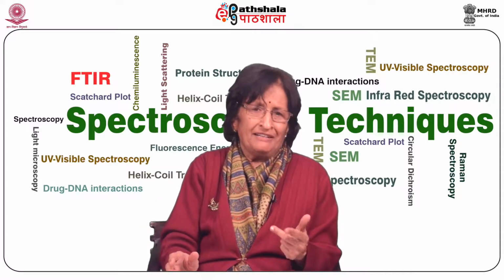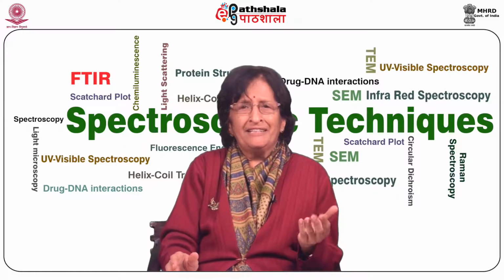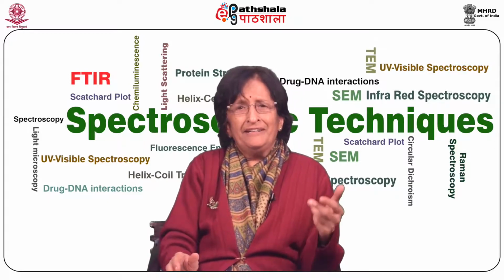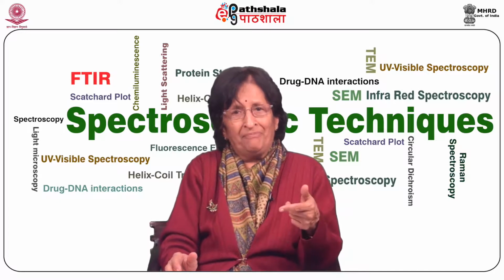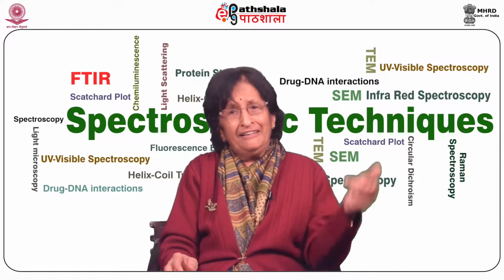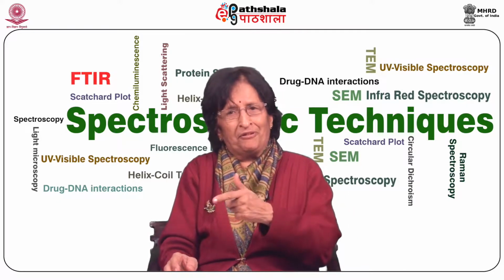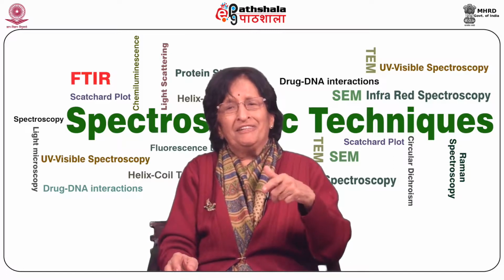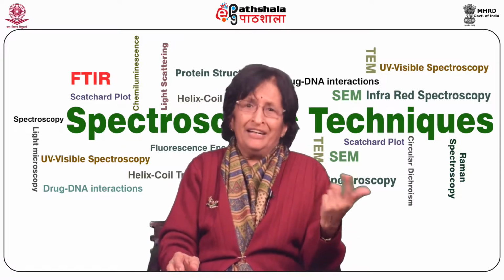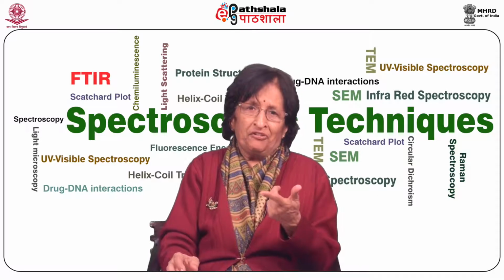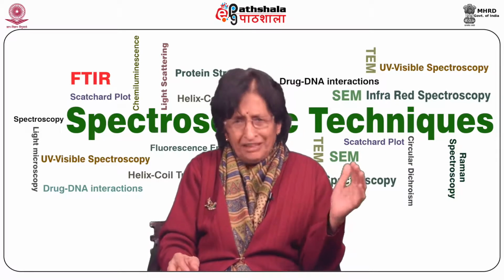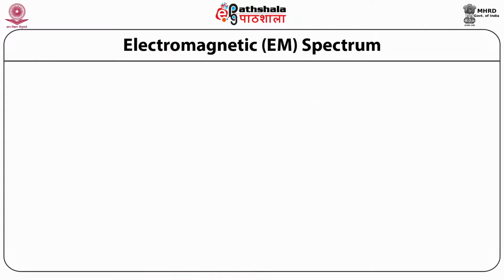I won't go into their details, but there are methods like CNDO, complete neglect of differential overlap, INDO, intermediate neglect of differential overlap, MINDO, again another neglect of differential overlap, and several more methods.